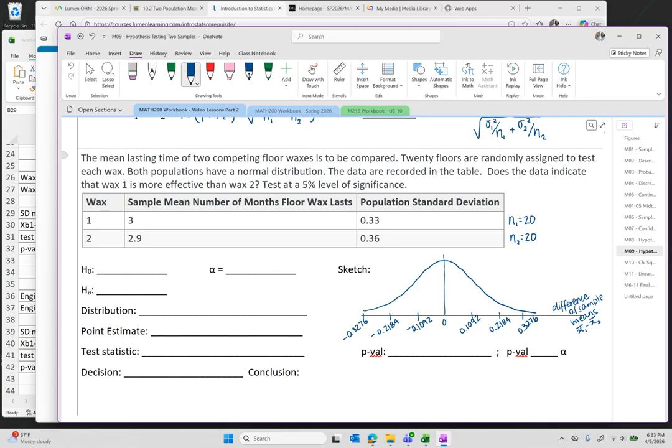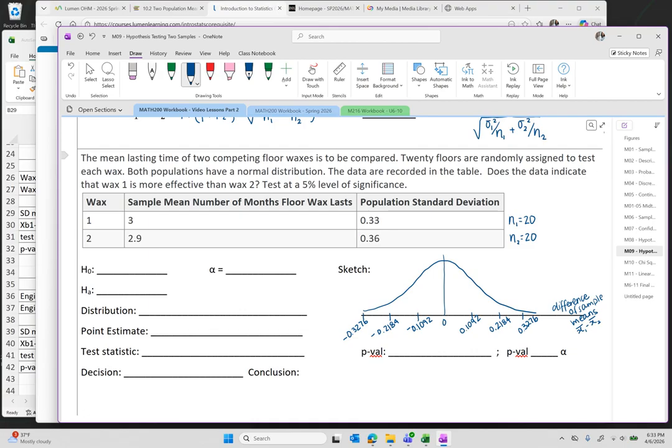Wax 1 had a sample mean number of months the floor wax lasted of 3 months, and a population standard deviation of 0.33. And wax 2 had a sample mean number of months that the floor wax lasted of 2.9 months, and the population standard deviation was 0.36.